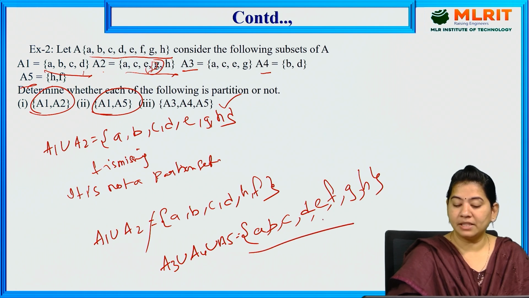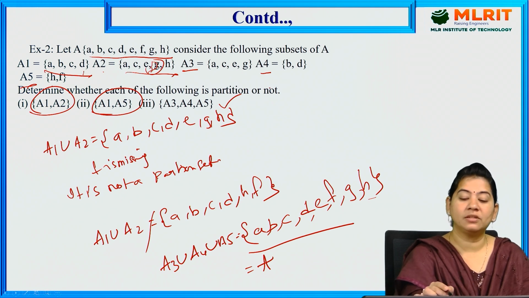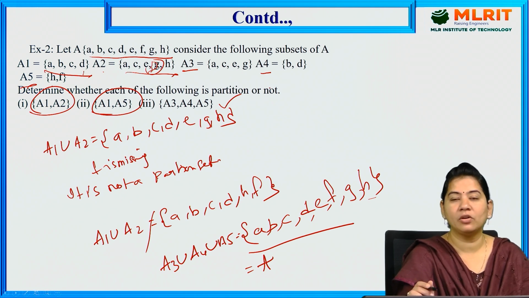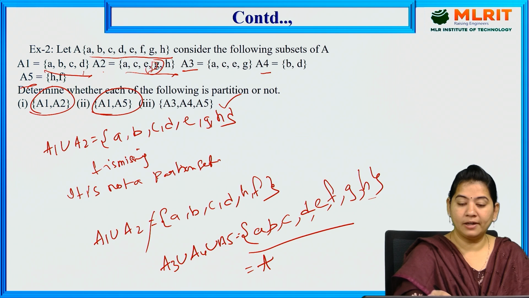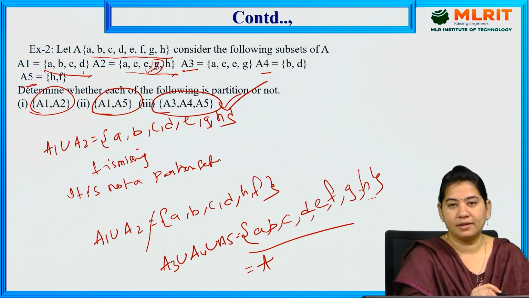Now A, B, C, D, E, F, G, H is equal to the original set. And if you apply the intersection between all three, A3, A4, A5, you will not get any common element. So the third one is a partition set.